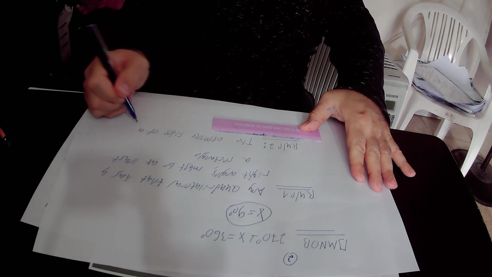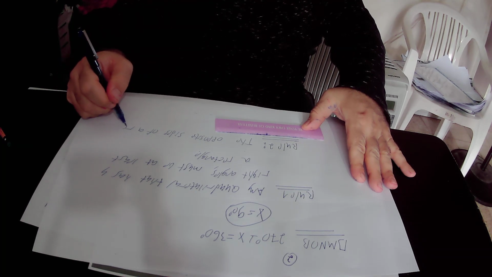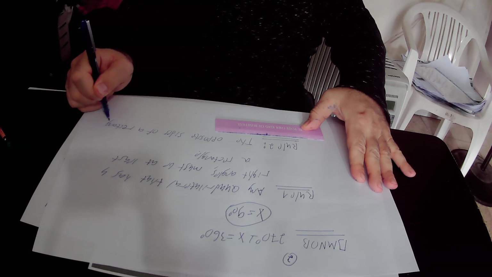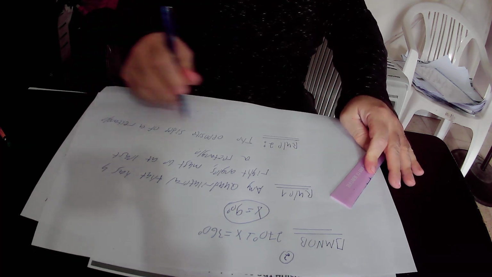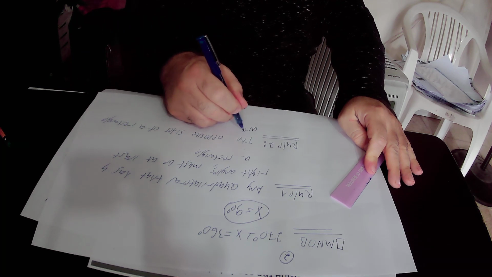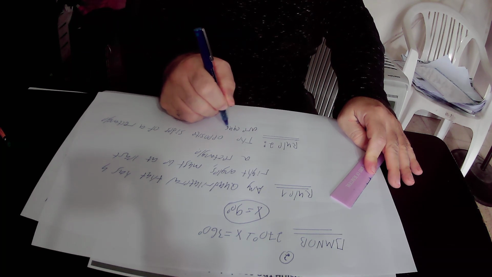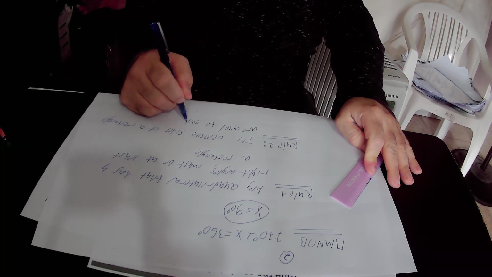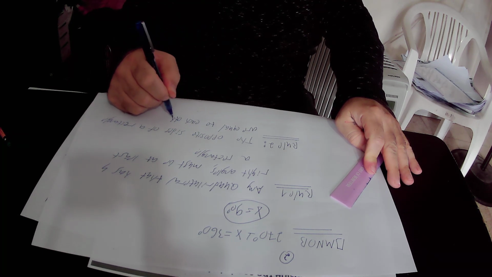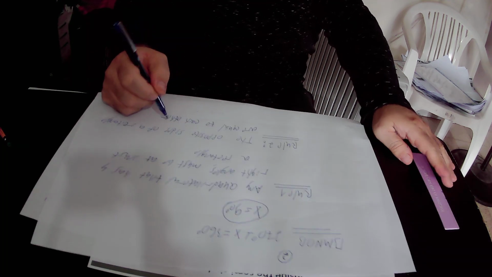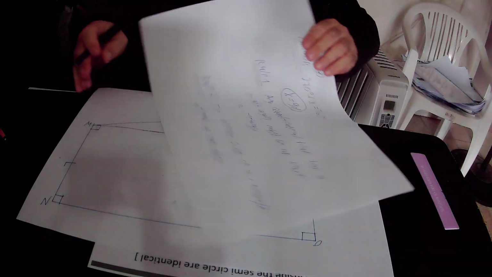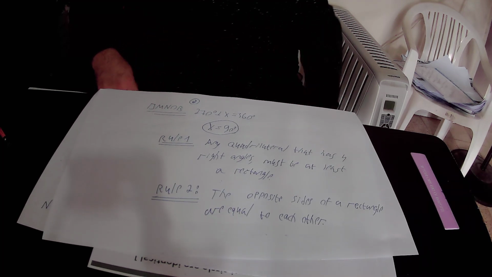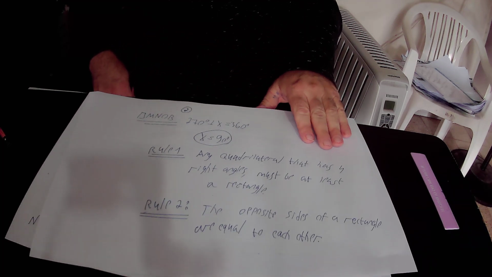I will repeat rule number 2 again. According to rule number 2, the opposite sides of a rectangle are equal to each other.